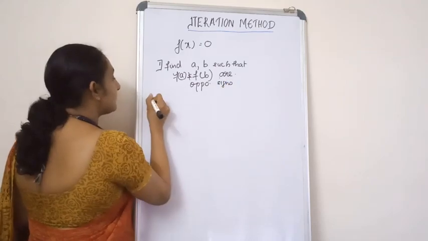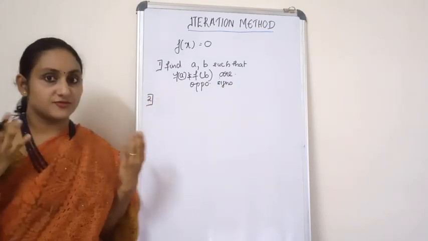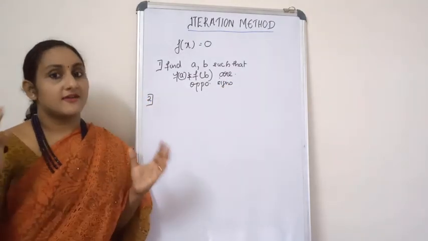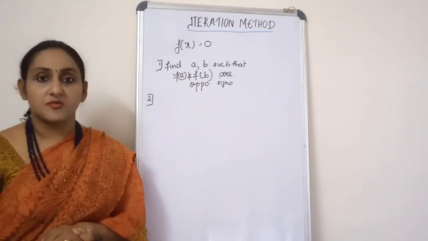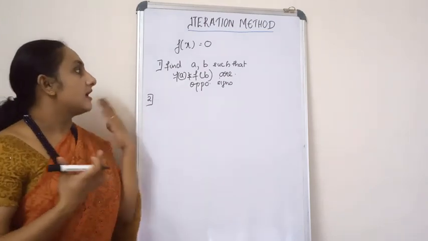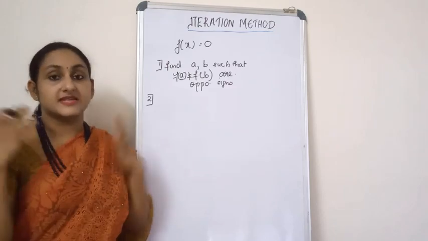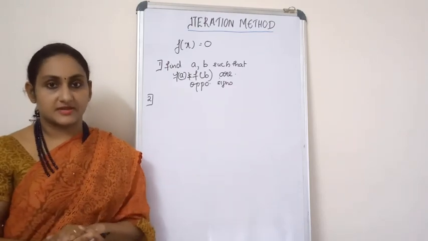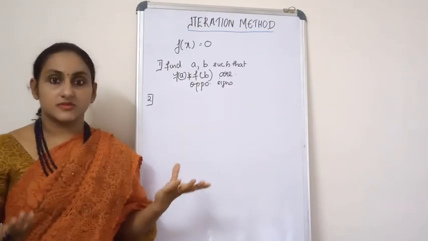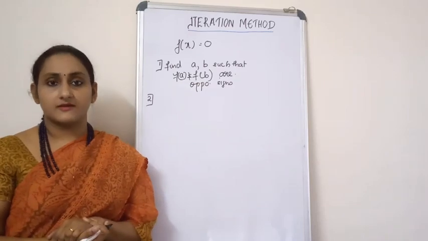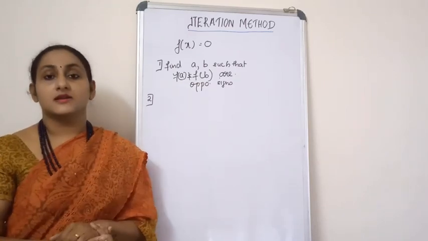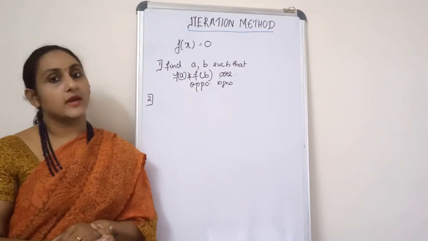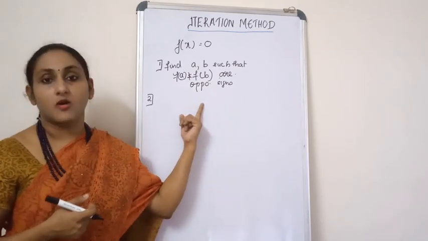I hope you have done these kind of steps in the bisection and regula falsi method. This step can be omitted if they have given you a and b, then you can of course avoid this step.